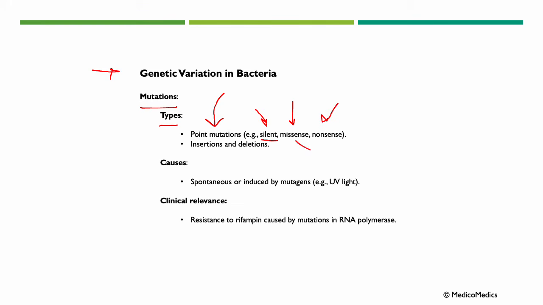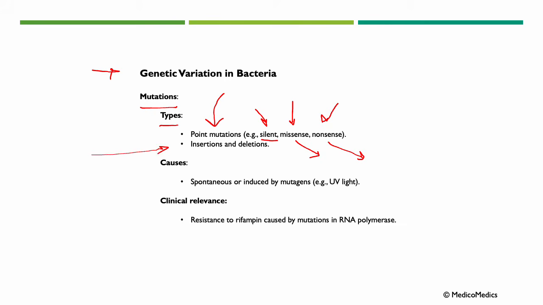If there is a missense mutation, it alters one amino acid in the protein, potentially changing its function. If it's a nonsense mutation, it introduces a premature stop codon, leading to a truncated, non-functional protein.